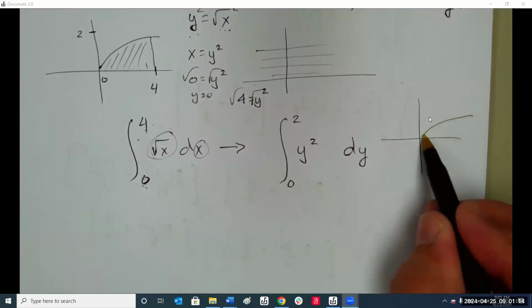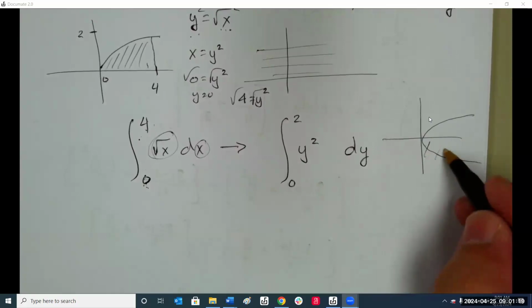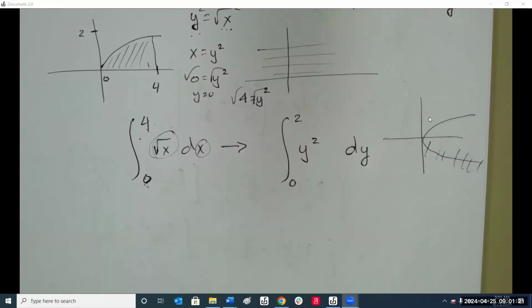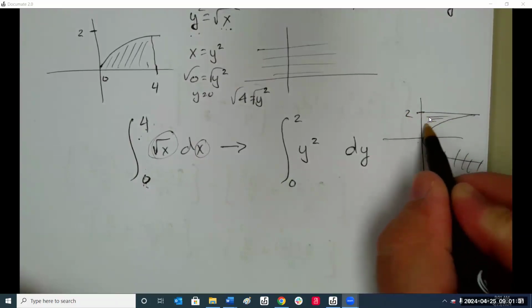It's a parabola, but we only take the positive side of it. And we're only going from 0 to 2, so we're looking for this area.